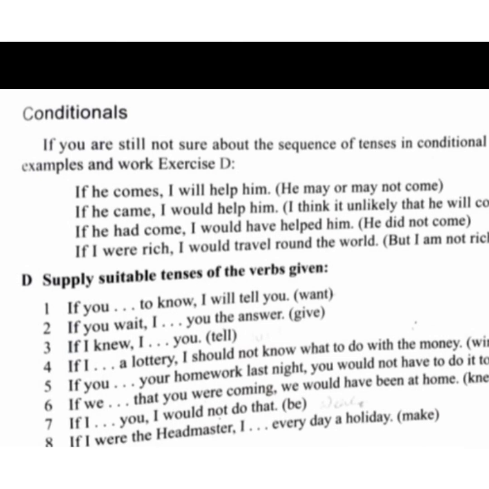Second one, if you wait, I will give you the answer. If you wait is in present tense, then future tense will come: I will give you the answer. Third one, if I knew, it's in past tense, right? So what will come here? I told you, you can add would, could, might plus infinitive.